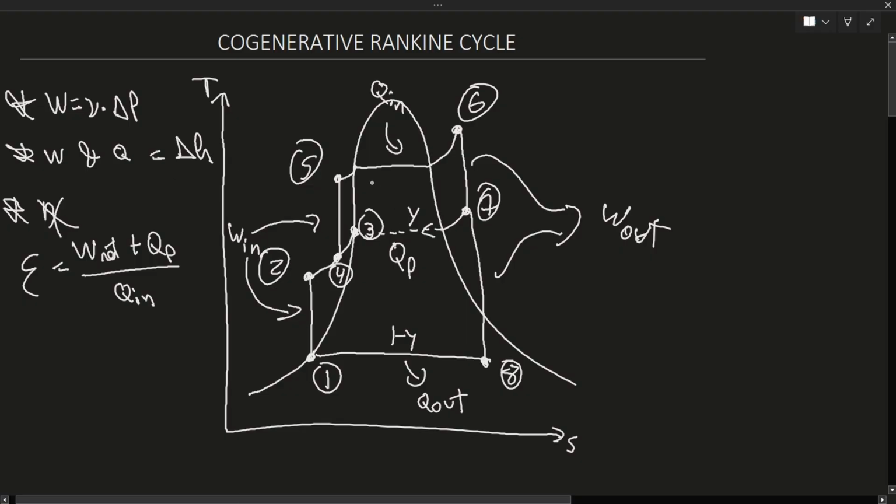Also, one last thing, because I always forget this. Wherever you see Q in and Q out being involved, it's always constant pressure. So whenever they say the turbine inlet is at, I don't know, 1 MPa, know that this entire part over here is at 1 MPa. Constant pressure, and that's it.